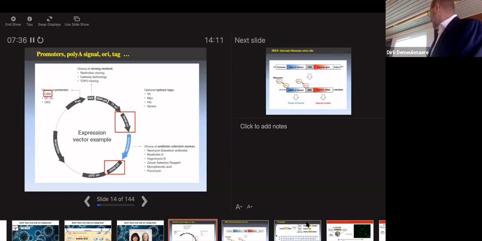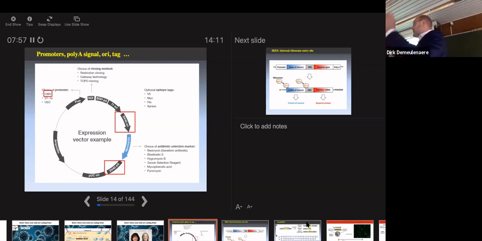Origin of replication, the SV40. This is the simian virus 40 origin of replication that you find in a plasmid. It's a sequence that has been cloned from a virus to put into this plasmid to make it able to replicate in eukaryotic cells. SV40 polyadenylation signal, etc., etc. These are all pieces of sequences that have been cloned from viruses.